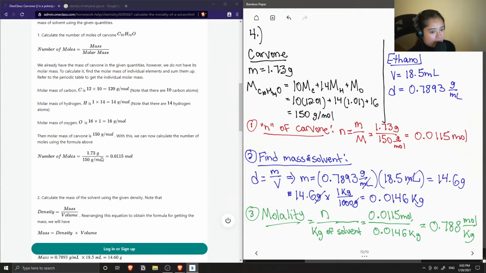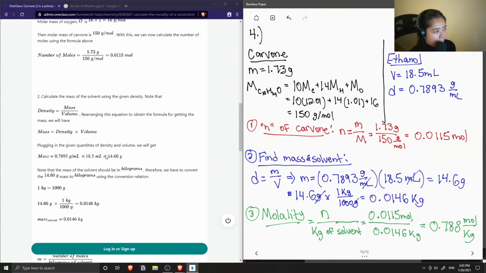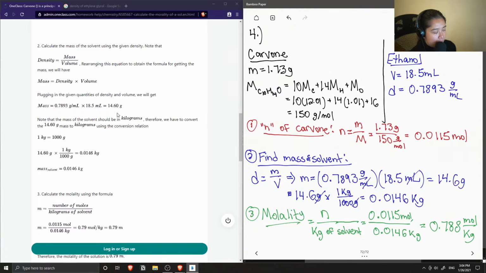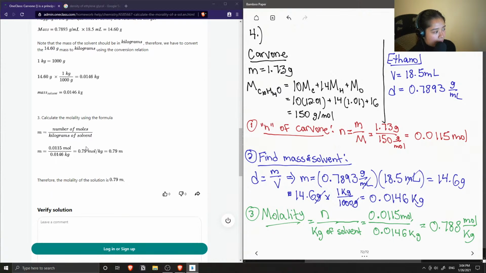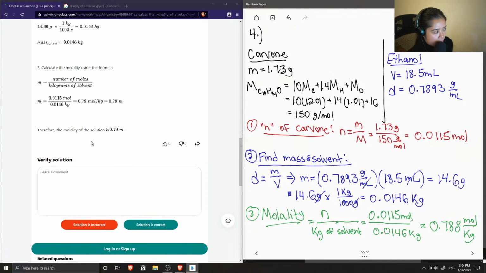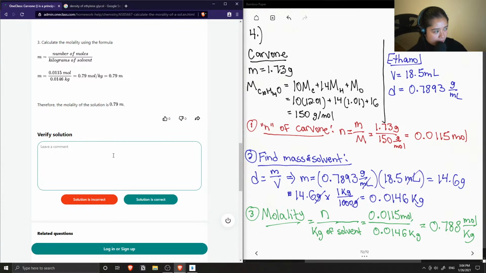And then they calculated the number of moles in the same way and got 0.0115 moles. For the mass of the solvent, they multiplied density and volume, got 14.6 grams, and then converted it to kilograms. And then finally, to find the molality, they divided number of moles by the kilograms of solvent, and they also got around 0.79. So this solution is correct.